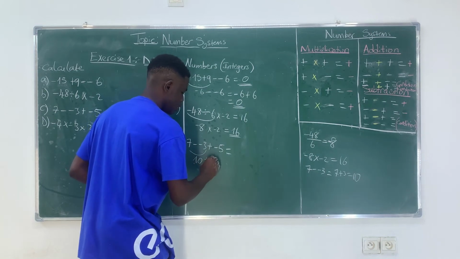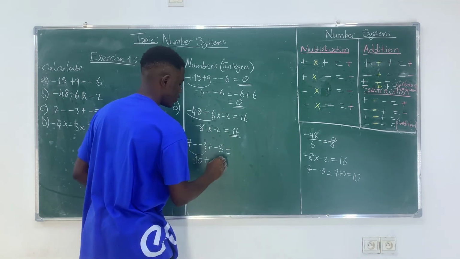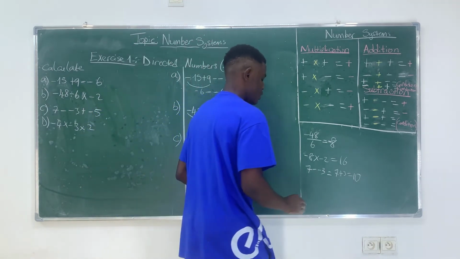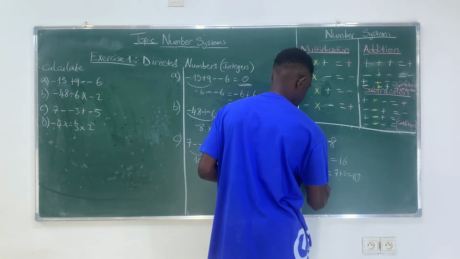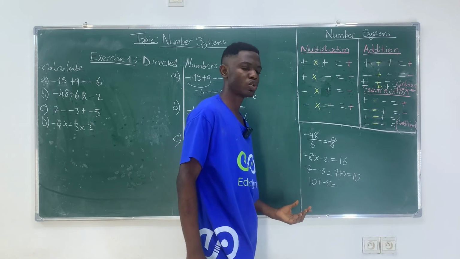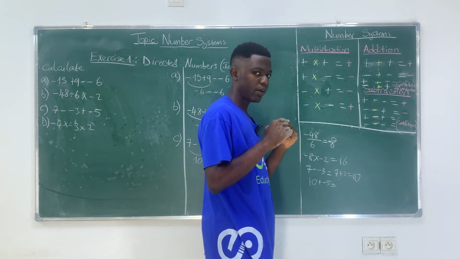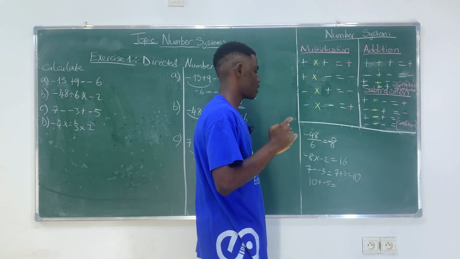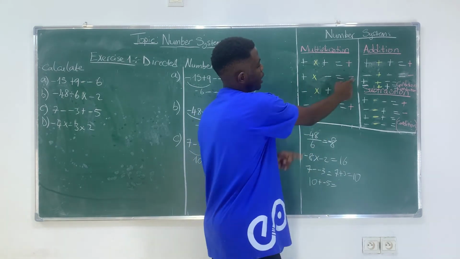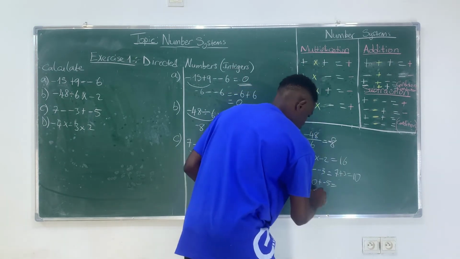When I have my 10, I write my plus negative 5. 10 plus negative 5 is equal to, when you see a plus and a minus directly close to each other, we are going to have a minus.